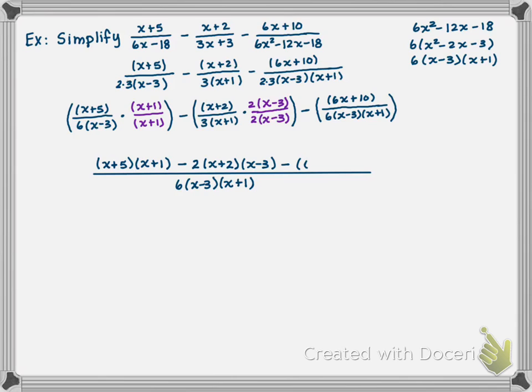And then minus 6x plus 10. Be really careful that you include your parentheses, right? Because we're going to have to distribute that negative. And if we didn't include the parentheses around the 6x plus 10, that's really easy to miss.